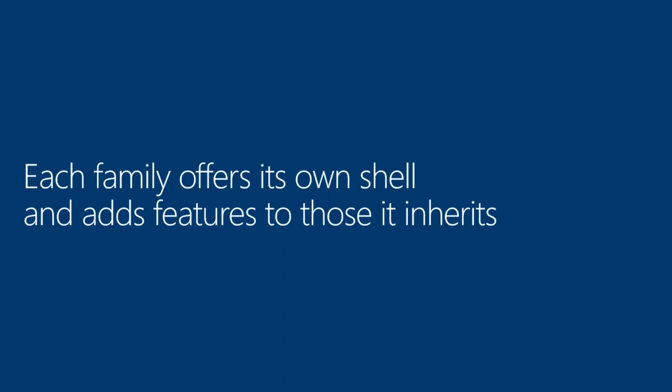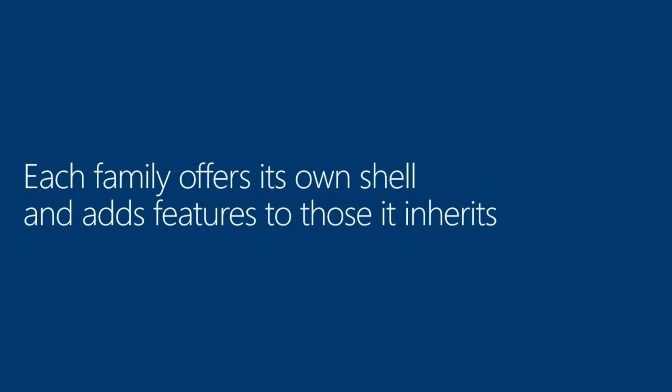That's what I meant by separate devices having their own additional capabilities. Each family offers its own shell and adds features to those it inherits. Everybody inherits from a common core, and then each family provides its own additional capabilities.